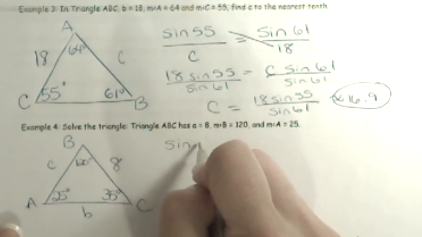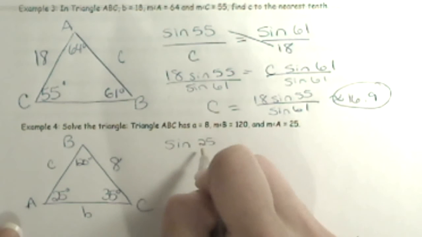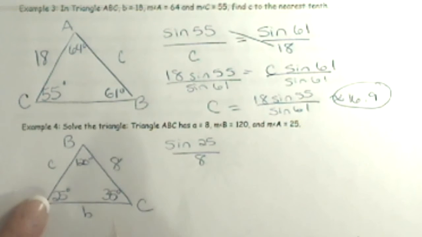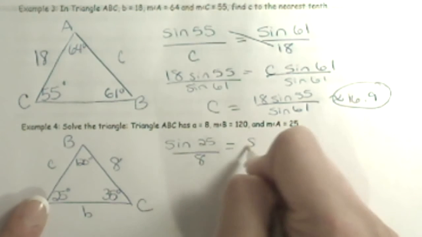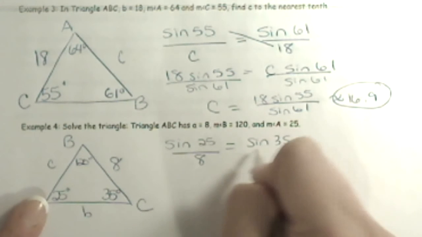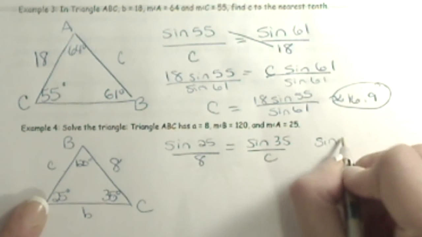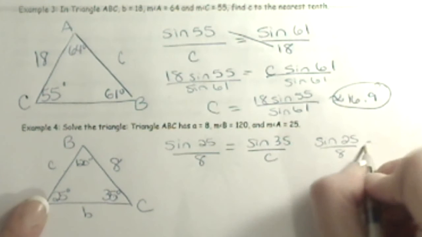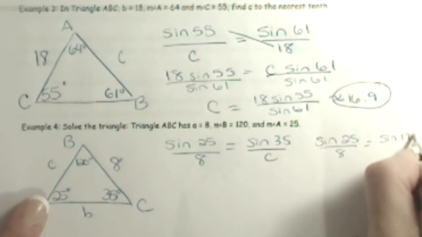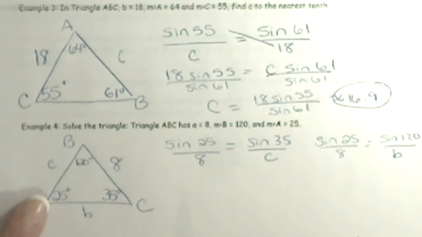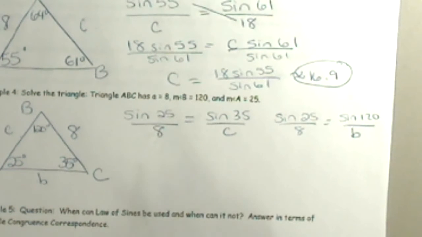The sine of 25 over 8, that's the one with the paired angle and side that we know, will equal the sine of 35 over c, angle and opposite side. And I'm also going to solve the sine of 25 over 8 equals the sine of 120 over b, so that I'll have 2 law of sines to solve for 2 unknown sides.